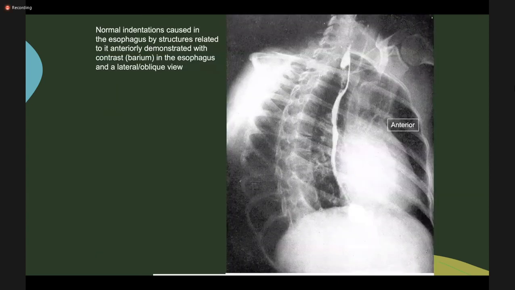Who was asking about the esophagus? Now you can see it, Ahmed. You can see that the esophagus, we put a contrast material, you can see the normal pathway of the esophagus, just behind the heart. And these are the constriction sites. We know about them. You can see it. Guys, please be connected with this slide. In the next, I'm changing the position.